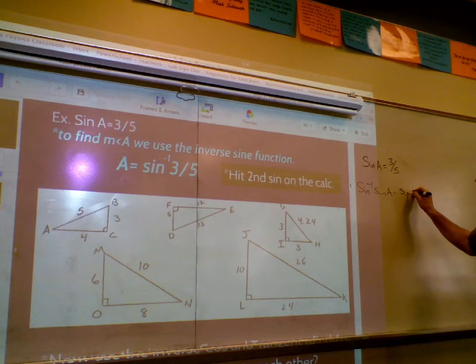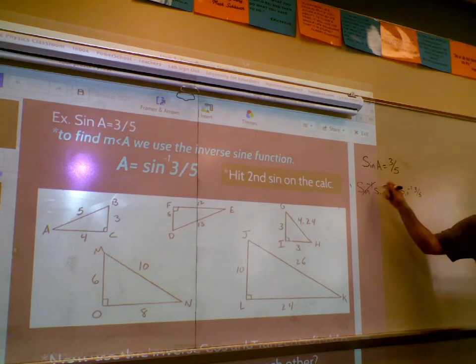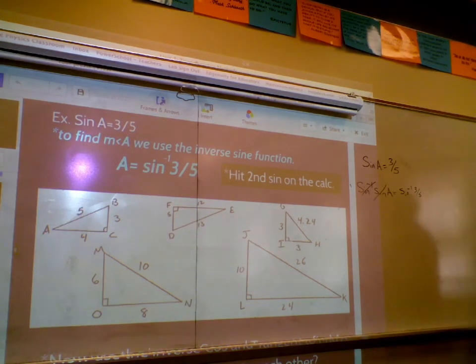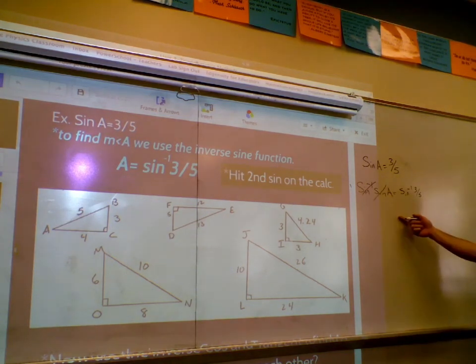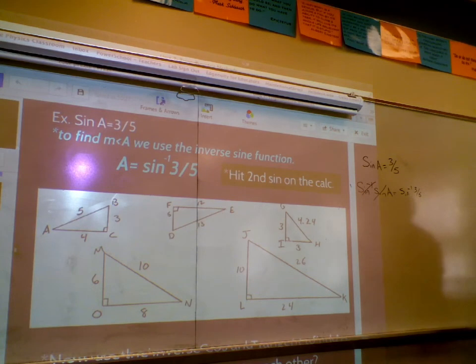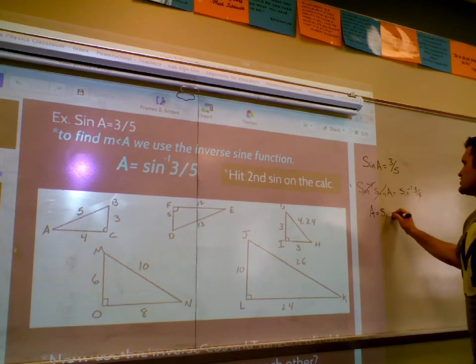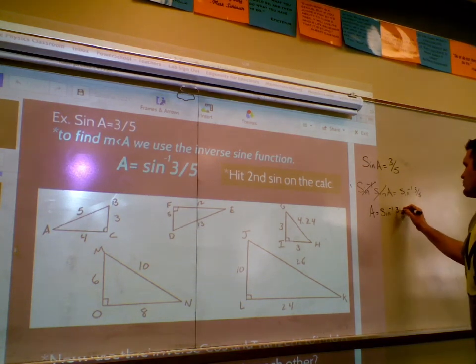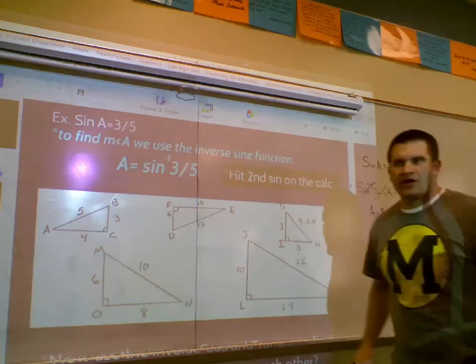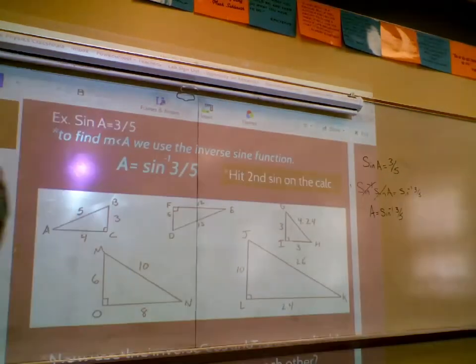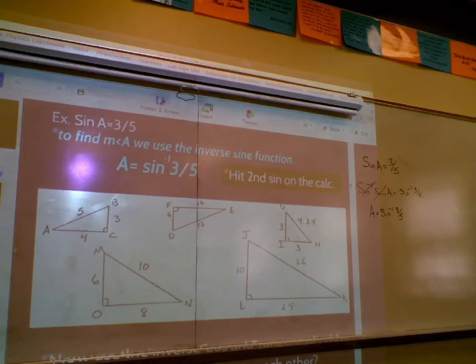So I need to take the inverse sine of 3/5. Now what inverse sine does is it cancels sine. So what am I left with? A. And A is an angle measure, isn't it? So I'm left with A equals the inverse sine of 3/5. And that is how we find angle measures when we know the ratio of the side lengths.